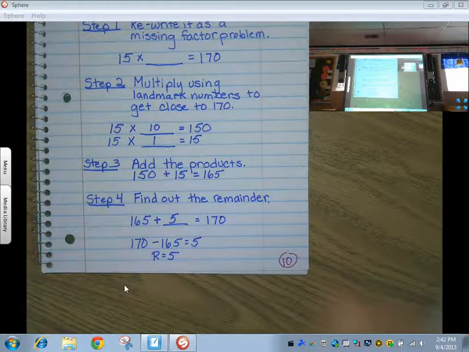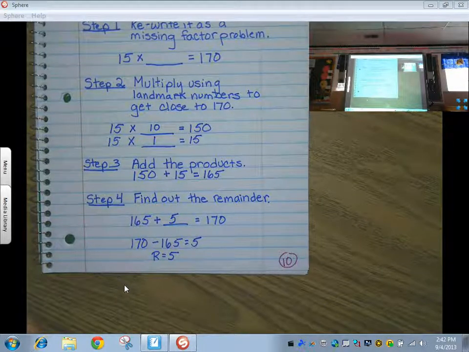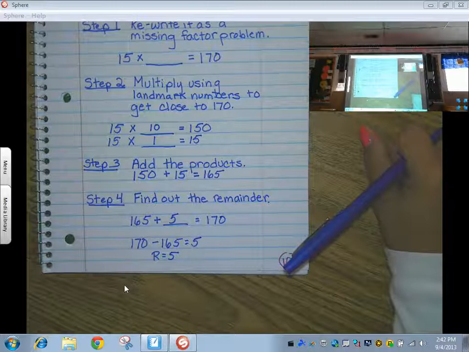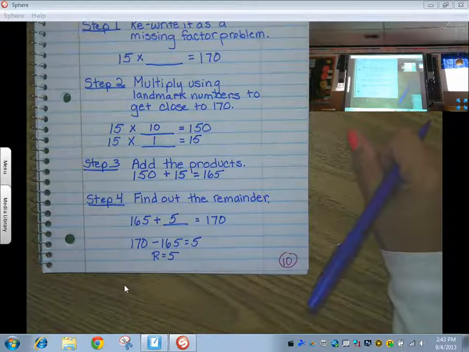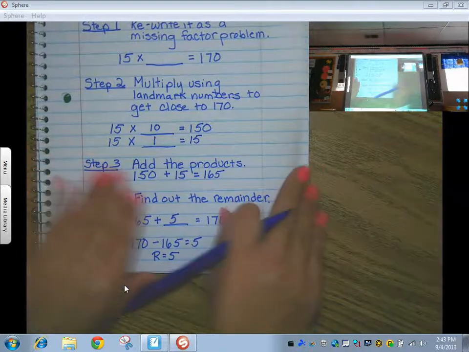But step 5. Page 11 for me. So, for step 5, I'm going to rewrite everything I just did so I can see how Ms. Shaver wants me to show my work, right?